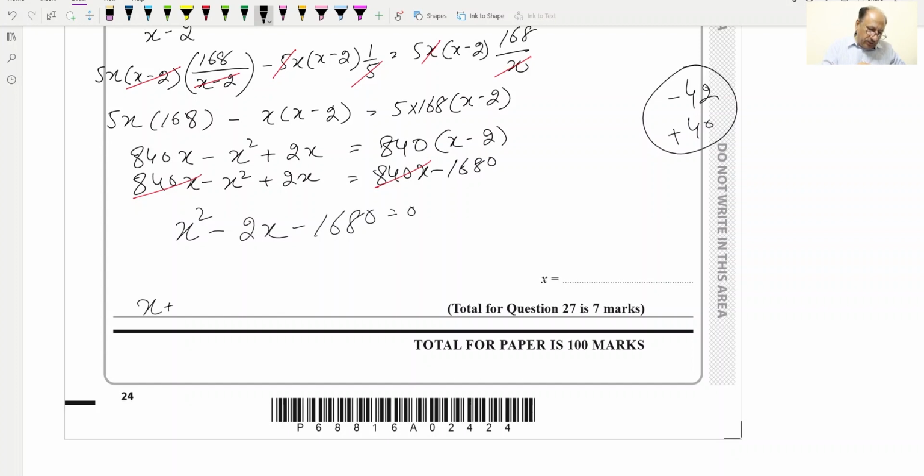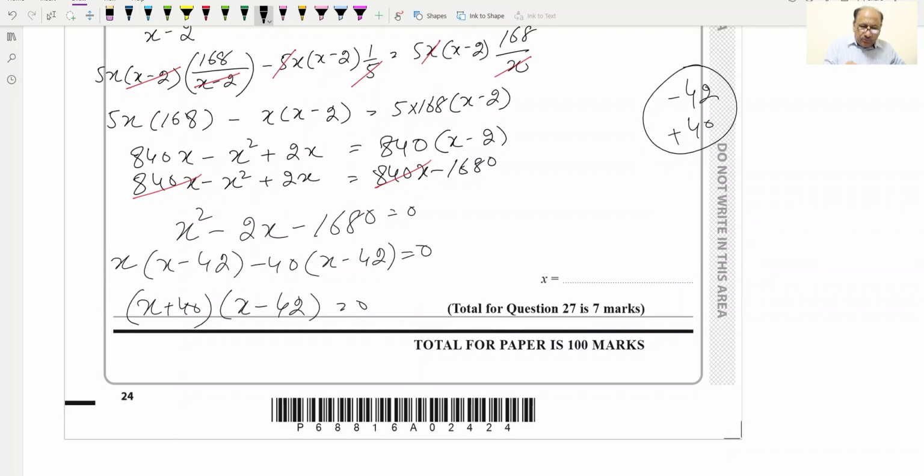So x plus 40, I'm keeping the space for the step, so x minus 42 is equal to 0. Intermediate step will be x, and then this whole term we will write here, x minus 42, and then minus 40, and again x minus 42 is equal to 0. Now working is also provided, so there will be no deduction of marks.